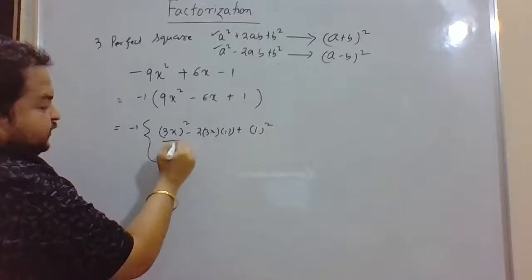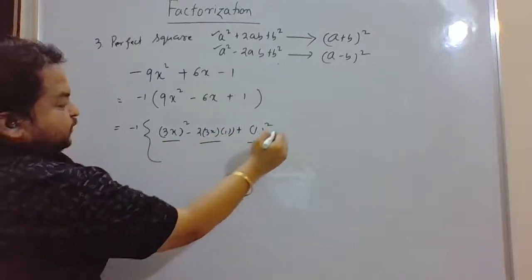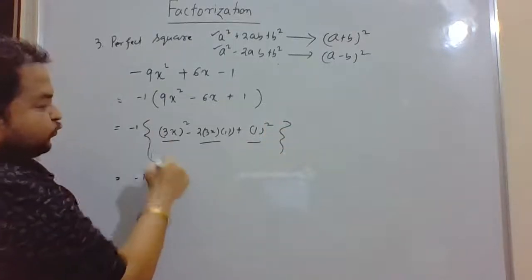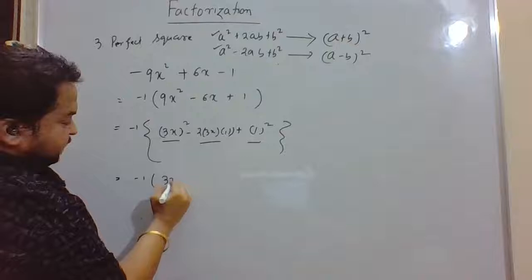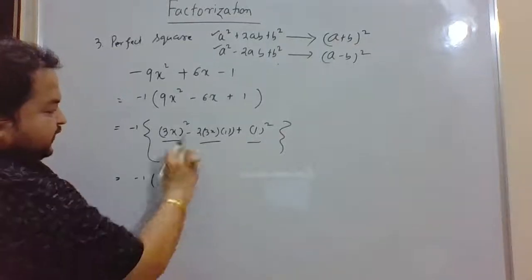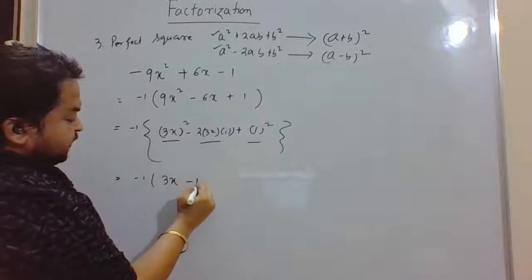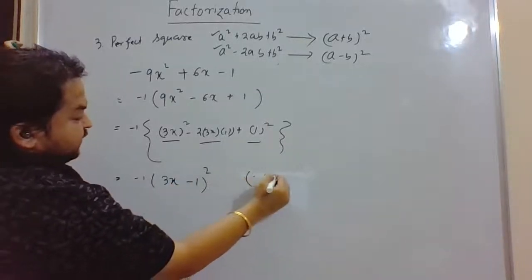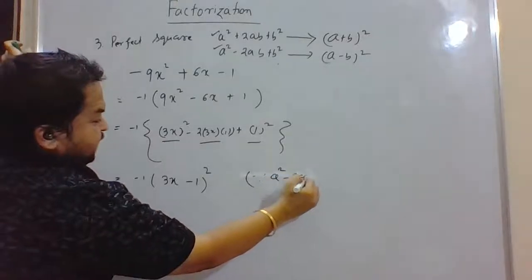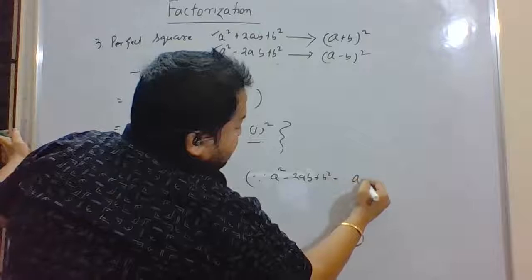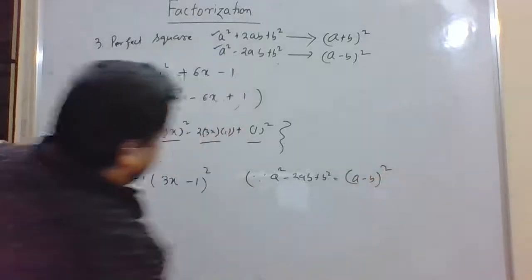Obviously this is in the a square minus 2ab plus b square format. So that is nothing but minus 1 into 3x minus 1 whole square, because a square minus 2ab plus b square equals a minus b whole square.